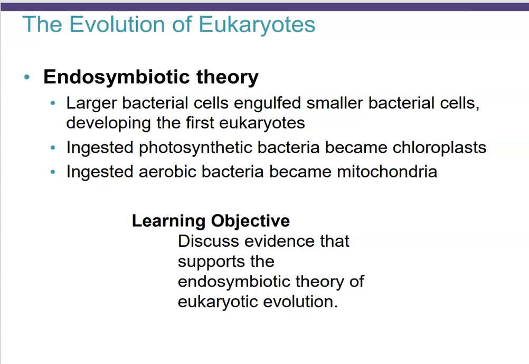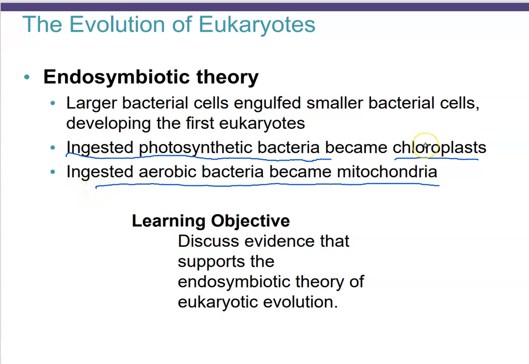It's a circular chromosome, and the ribosomes in there are also the 70S ribosomes of a prokaryote. So we think that the chloroplasts were ingested photosynthetic bacteria that got modified to become chloroplasts, and the mitochondria came about from aerobic bacteria that ended up being modified to become mitochondria.